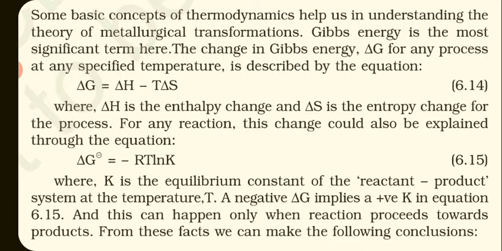For any reaction, the change could also be explained through the equation delta G = -RT ln K, where K is the equilibrium constant of the reactant-product system at the temperature T.